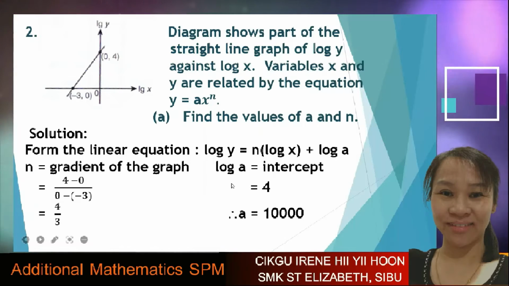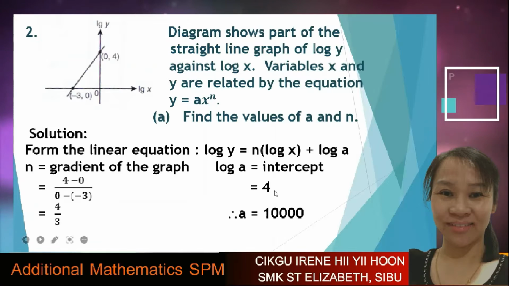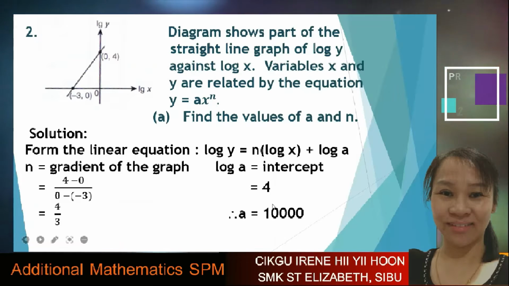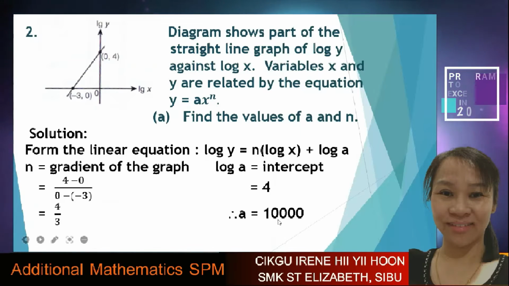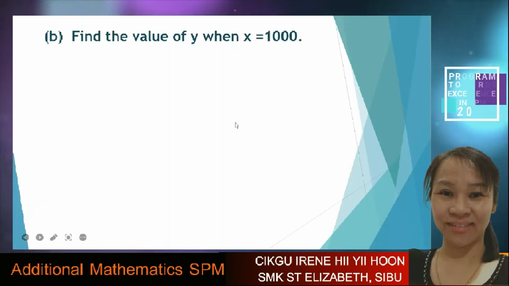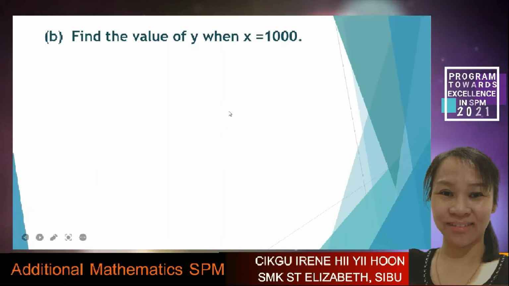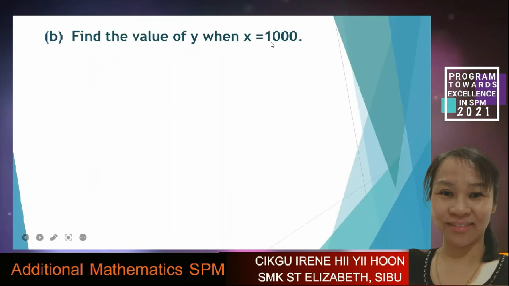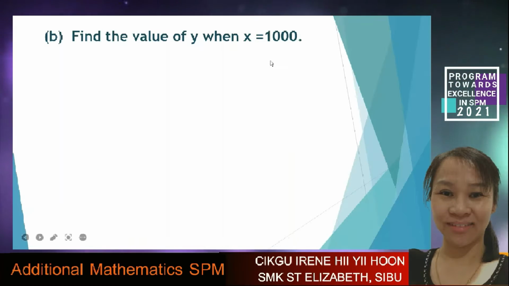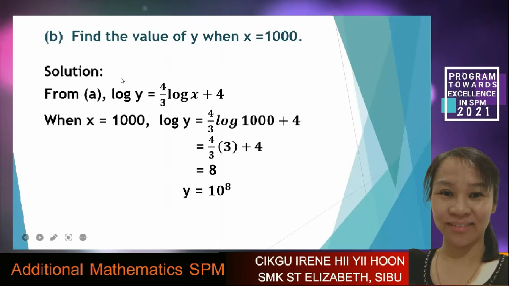So by comparing log a to 4, we will find that the value of a is 10,000. Now let's continue with question B. Find the value of y when x equals 1000. Let's look at the solution.